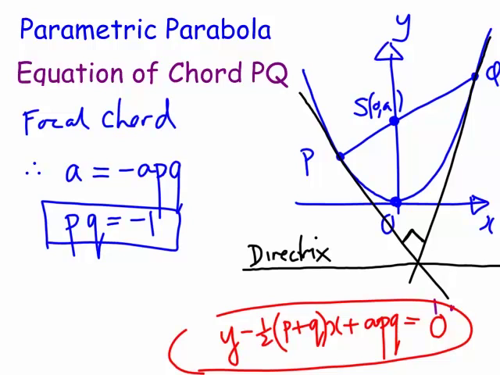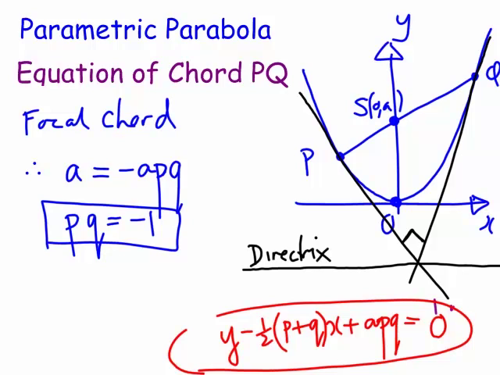So we can prove some of the interesting geometric properties of the parametric parabola here. P and Q, the parameter values at either end of the focal chord, multiply together to give negative 1. Those values were the slopes at those two different points, and the slopes multiply to give negative 1.